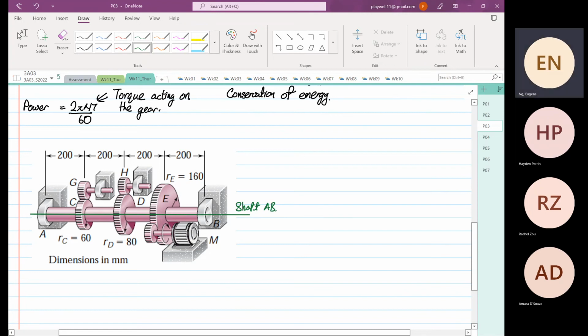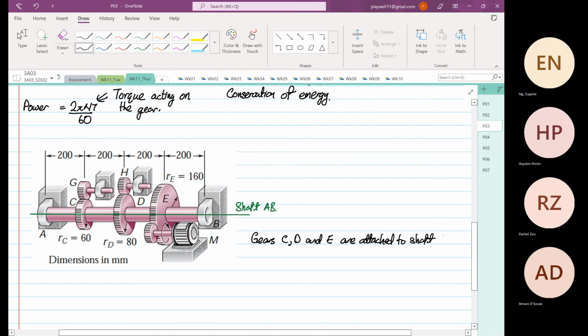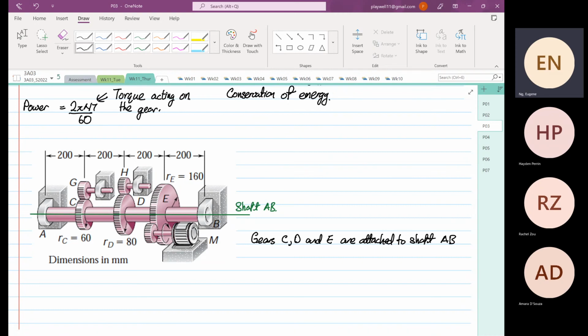So whatever is attached, immediately linked to shaft AB, are gears C, D, and E. Gear C, D, and E. So the gears that we're interested in are gears C, D, and E, not gears G and H, or the motor gear, right?